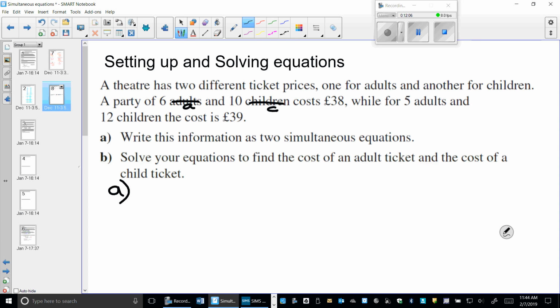So, what would one of my equations be? Tanya, give it a bash. I was trying to underline, but secretly I ended up crossing out, so it might even help you. 6a plus 10c.